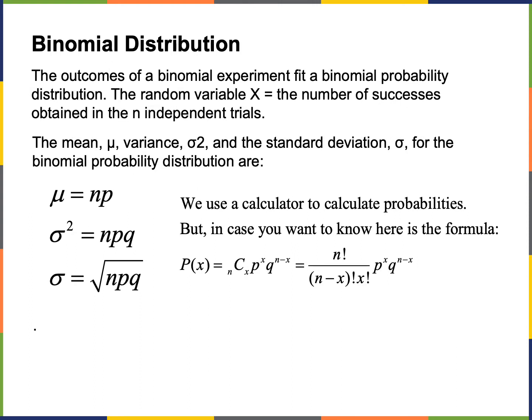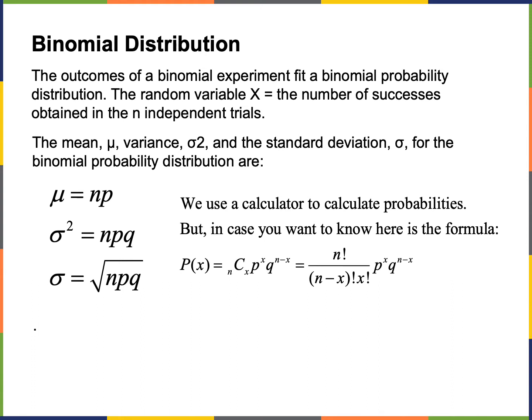All right, so those outcomes fit a binomial probability distribution where x represents the number of successes obtained in n independent trials. So the mean, which is mu, the variance, which is sigma squared, this is a square, not sigma 2, and the standard deviation sigma for the binomial probability distribution are, so here's the formula. Mu is n times p, so number of trials times probability of success.